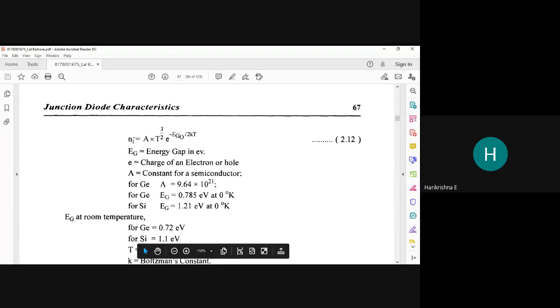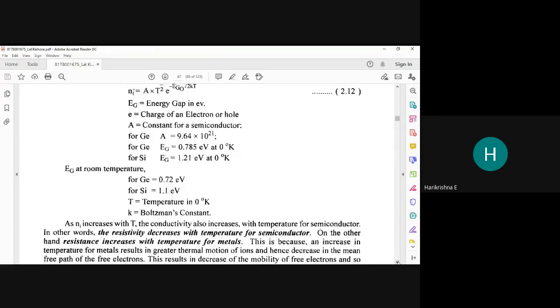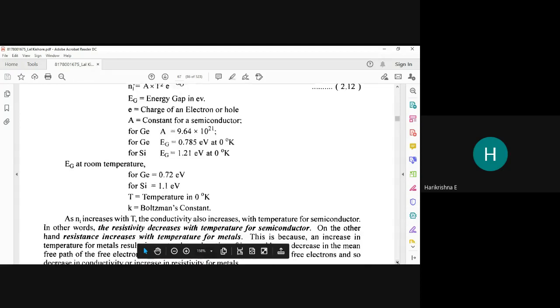That is 0.72 electron volts for germanium and 1.1 electron volts for silicon. One more parameter that generally comes into the picture is K, Boltzmann's constant. A very interesting conclusion is given at the end.